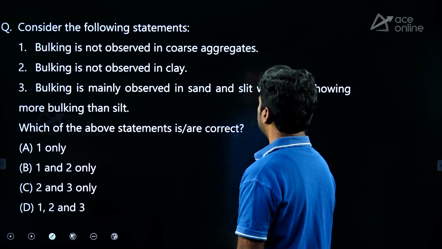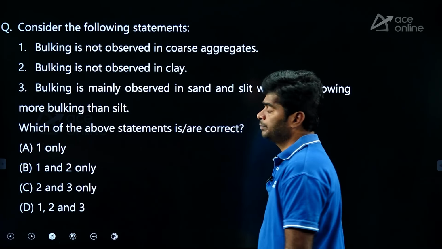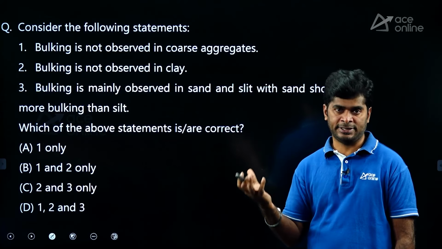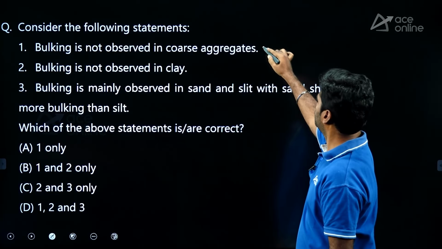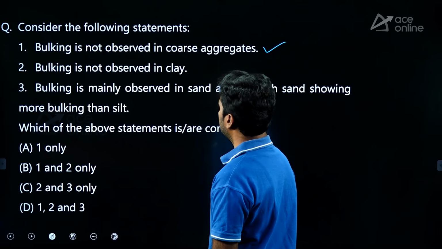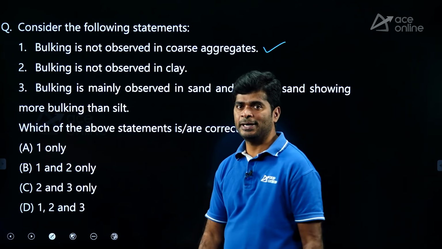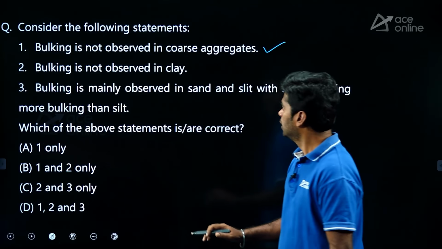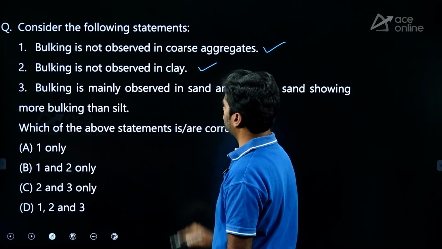Bulking is not observed in coarse aggregate. Yes, because surface tension effect in coarser particles is less. So, statement 1 is true. Statement 2, bulking is not observed in clays. Actually, in clays, cohesiveness is dominating than surface tension. So, statement 2 also true.